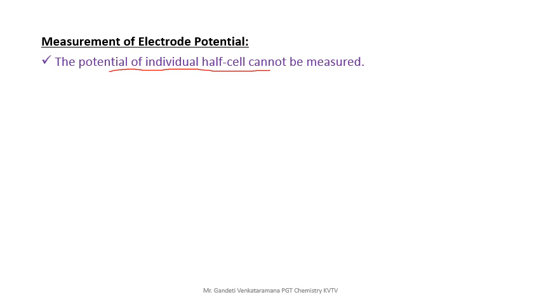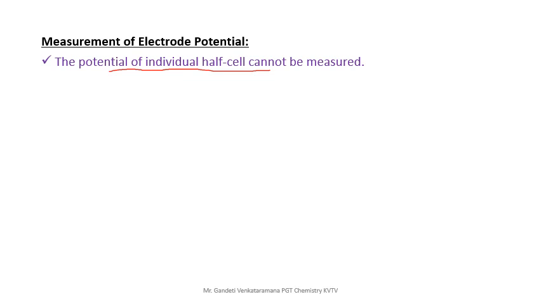We studied the left hand side and right hand side, two half cells: the oxidation half cell and the reduction half cell. Clear? For example, suppose I want to calculate the electrode potential of the oxidation half cell, then it cannot be measured.